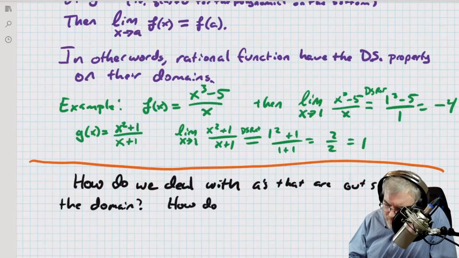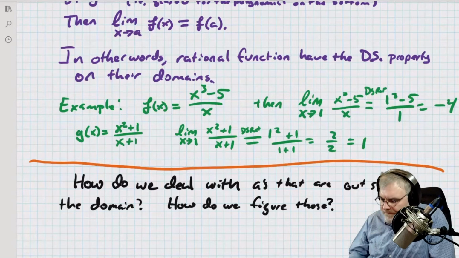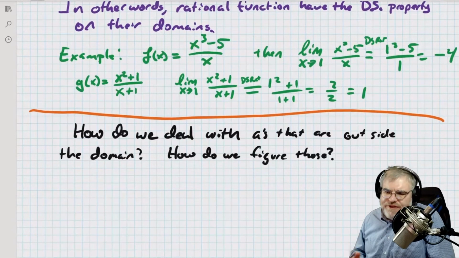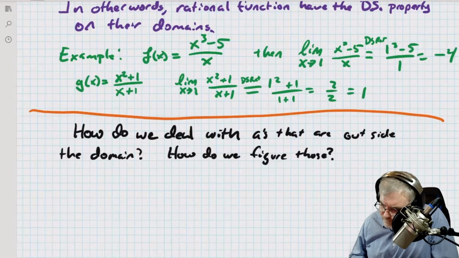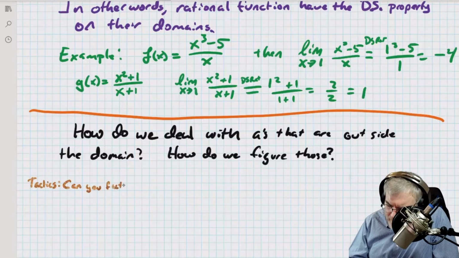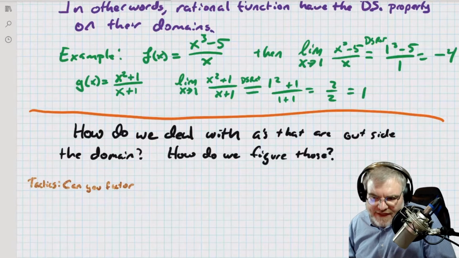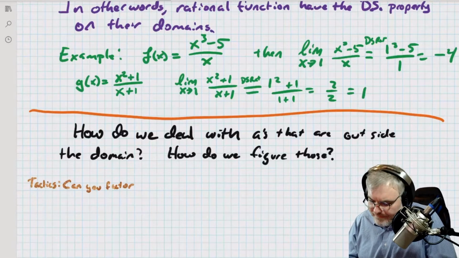How do we figure those? All right, so there are a couple tactics. The first thing I can do is I can factor it. Okay. So, tactics. Can you factor? And this is actually going to be the last thing I try, but it's going to be the first thing I talk about. And I'll get to why in a moment.